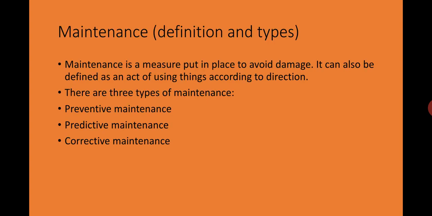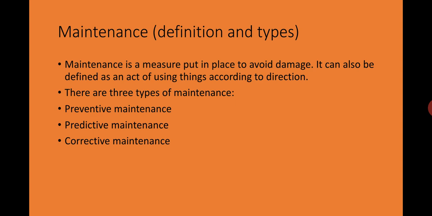Maintenance, definition and types. Maintenance is a measure put in place to avoid damage. It can also be defined as an act of using things according to direction. When you use things according to the direction of how the producer states, or according to the rules, you are maintaining it.